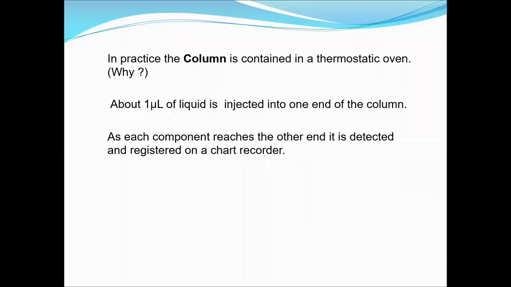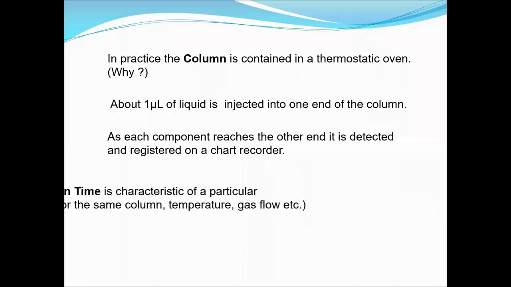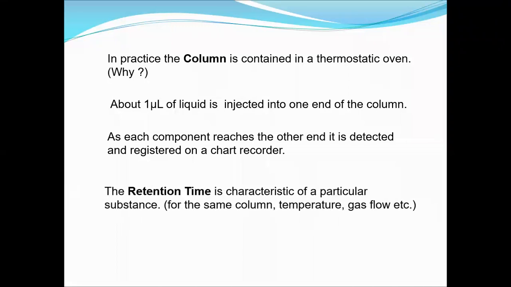It is detected and registered on the chart recorder. Retention time is a characteristic for every substance. The column may be the same, temperature and gas flow may be the same, but the retention time is a characteristic. The area under the peak indicates the relative quantities.